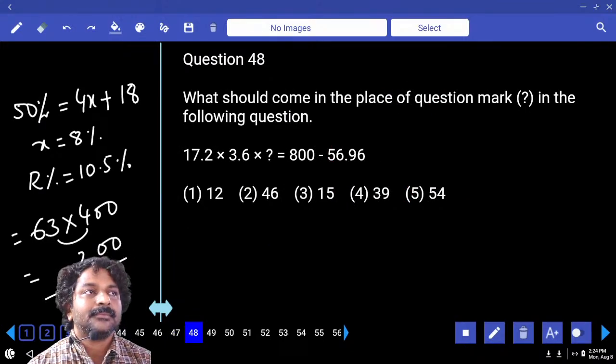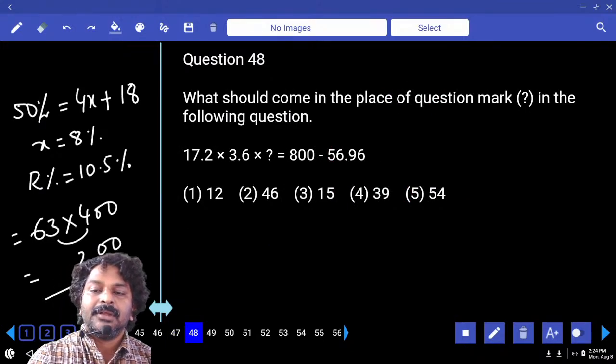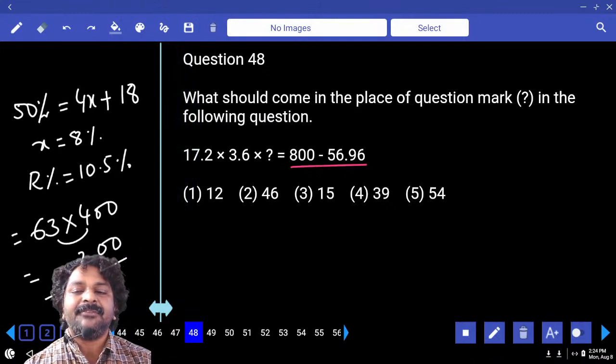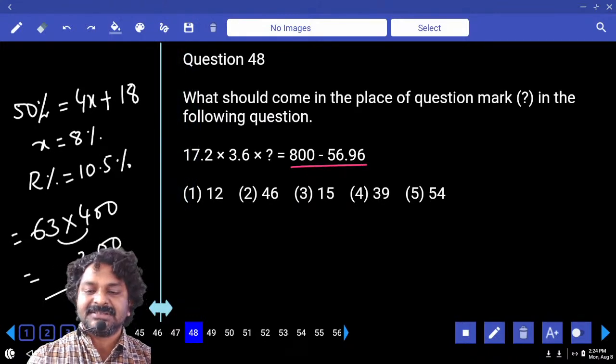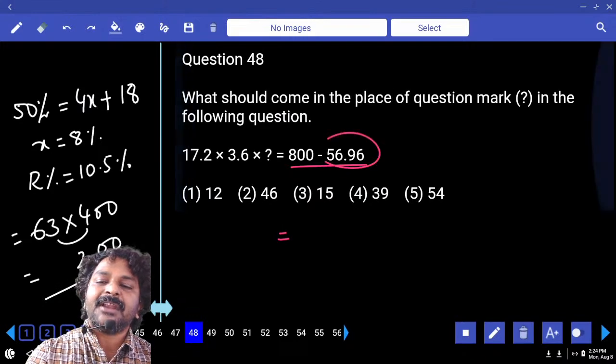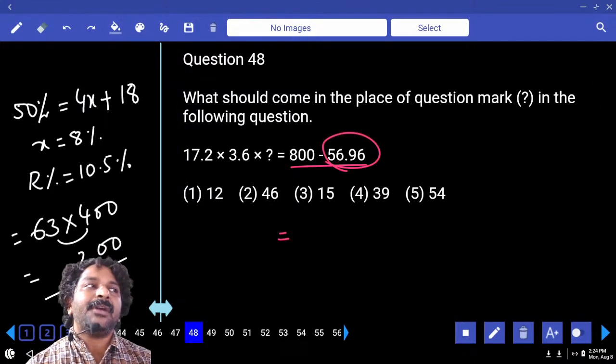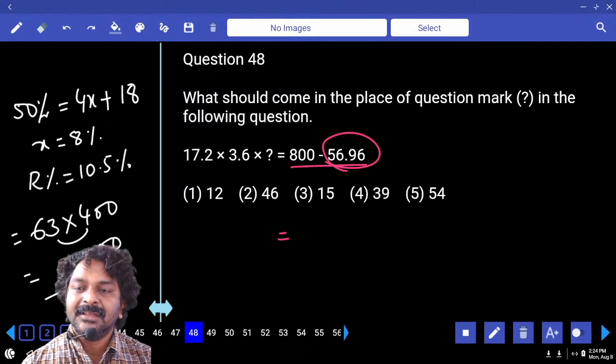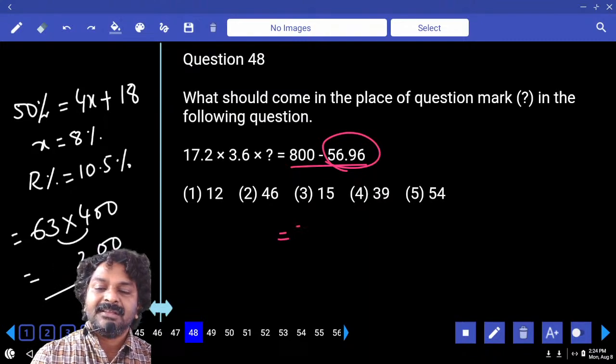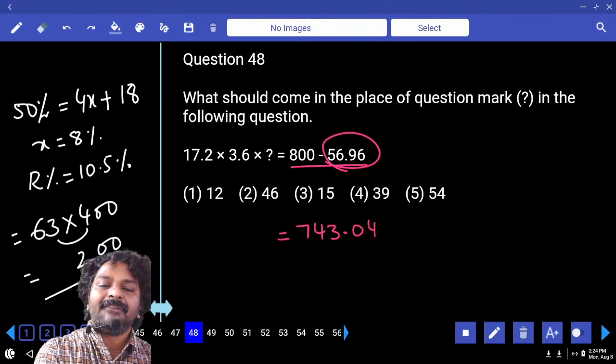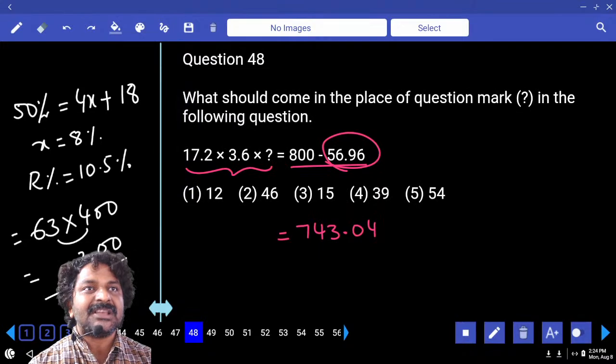Over? From 800, we need to subtract 56.96. Let's subtract 57, then we can add 0.04 later. Is that okay? Subtract 57. 743.04. On the left hand side only multiplications are there.